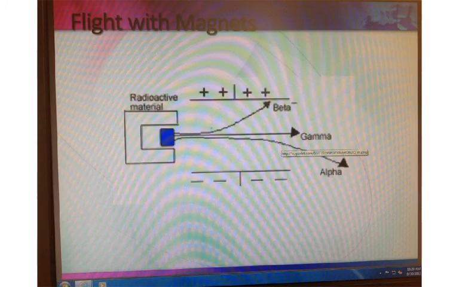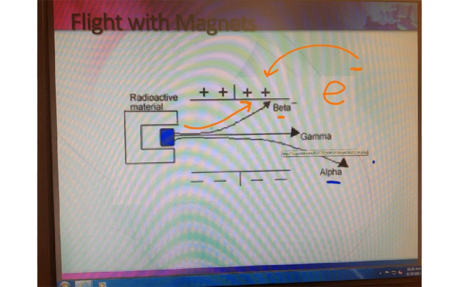Okay, flight with magnets. This makes sense when you think about what a beta particle is. Remember it has that e, so therefore it is an electron. What's an electron's charge? Negative. So what would it be attracted to? The positive. So it makes sense that a beta particle would be attracted to the positive. If you look at the alpha, what is the alpha particle?